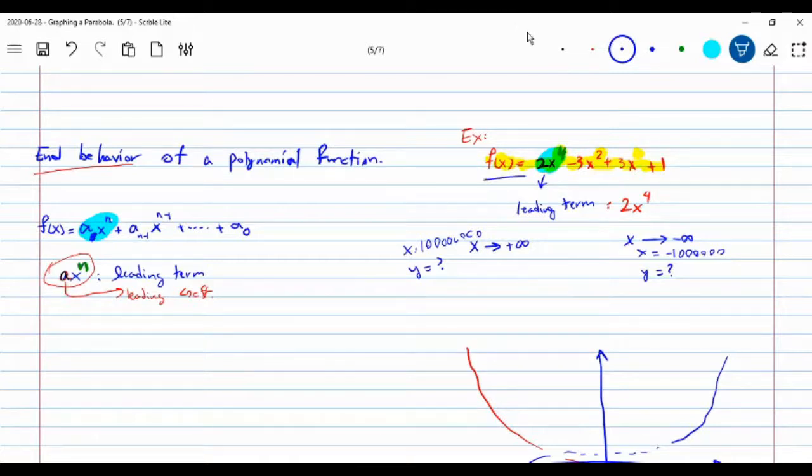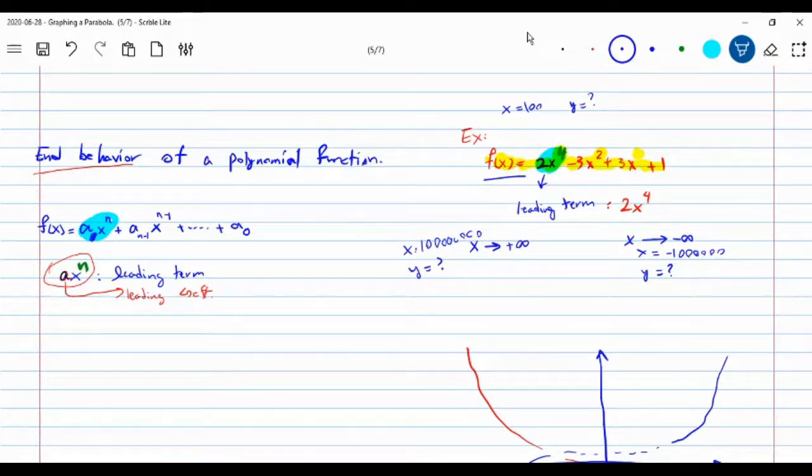If you look at the given function, in this case 2x to the power 4 minus 3x squared plus 3x plus 1, if you replace x with something like 100 and ask what the y value is, what do you expect? 100 to the power 4 is 10 million. 100 squared is 10,000, so you would have 2 times 10 million minus 3 times 10,000 plus 300 plus 1.